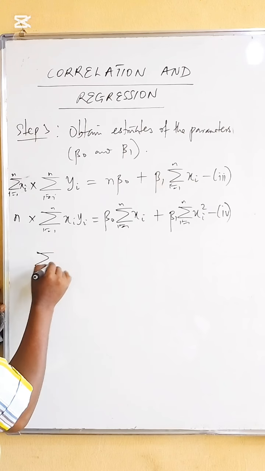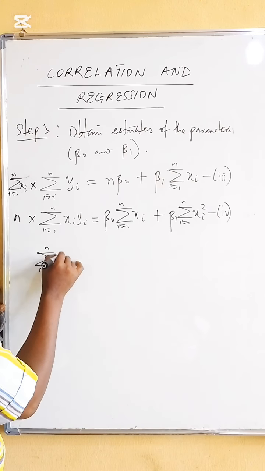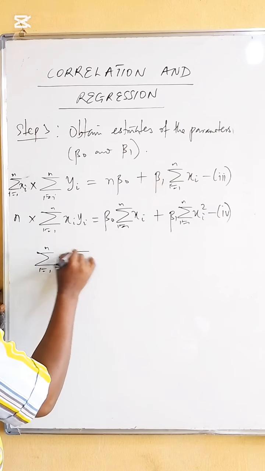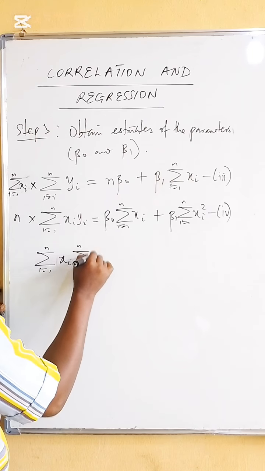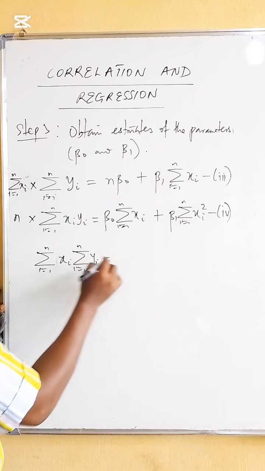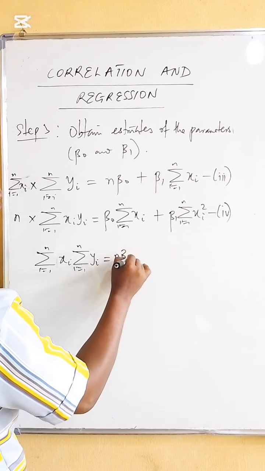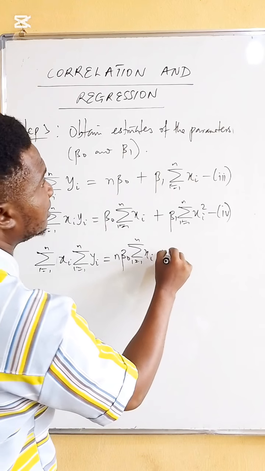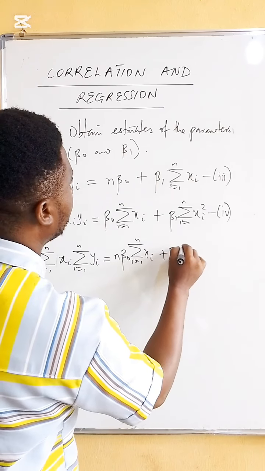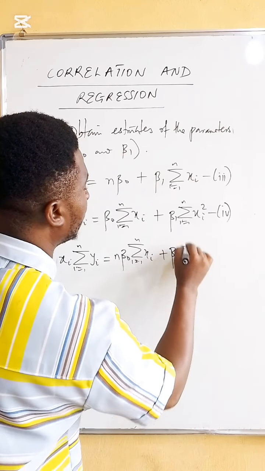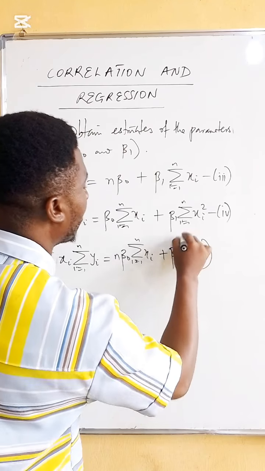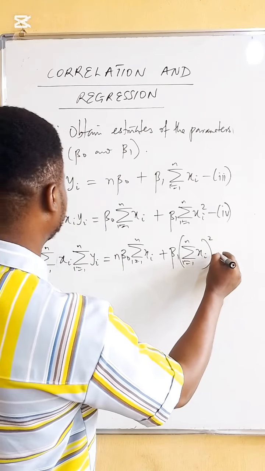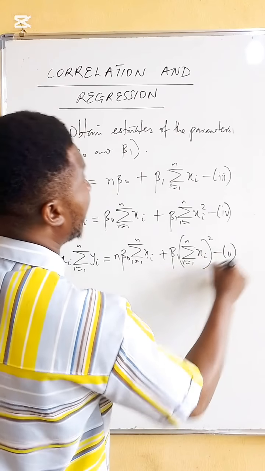So this will become summation from i equals 1 to n xi times summation from i equals 1 to n yi. And that will be equal to n beta naught summation from i equals 1 to n xi plus beta 1 summation from i equals 1 to n xi all squared. So I'm going to call this equation 5.